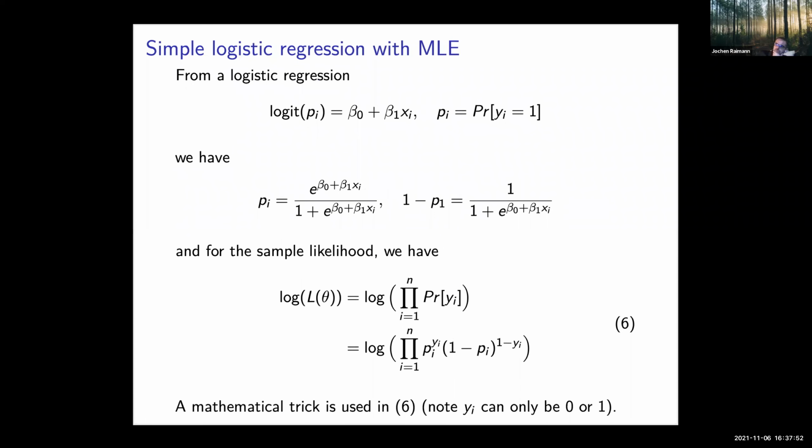So a simple logistic regression with maximum likelihood estimation is essentially now the logit of pi. So this is the probability of an event occurring over not occurring. So essentially we are getting now beta 0 plus beta 1 xi, where pi is the probability of yi equals 1, which is the probability of our event occurring.